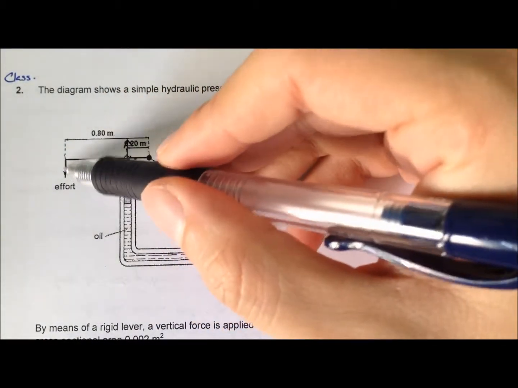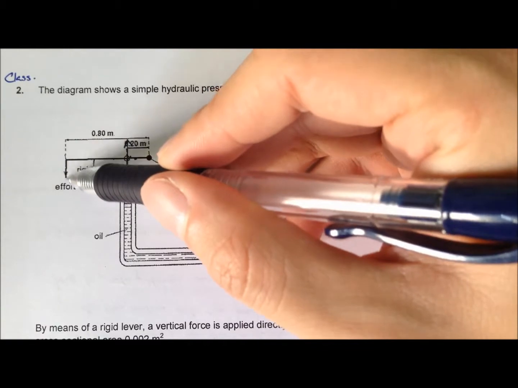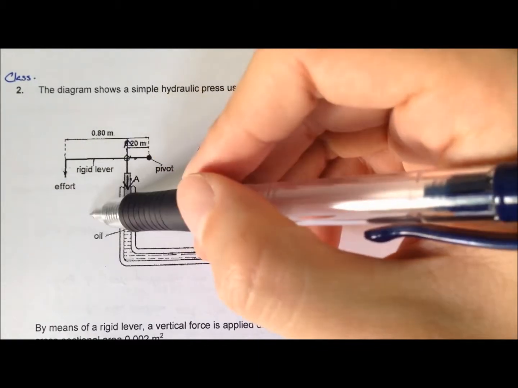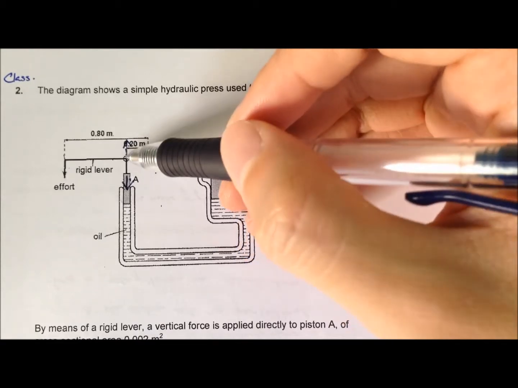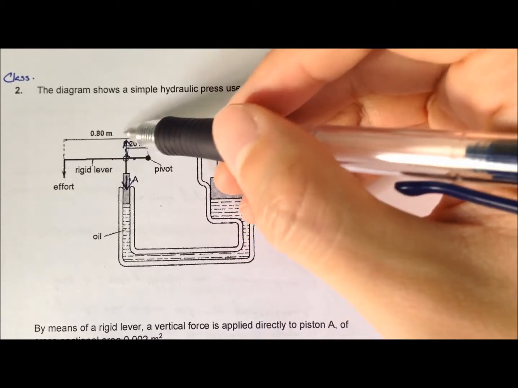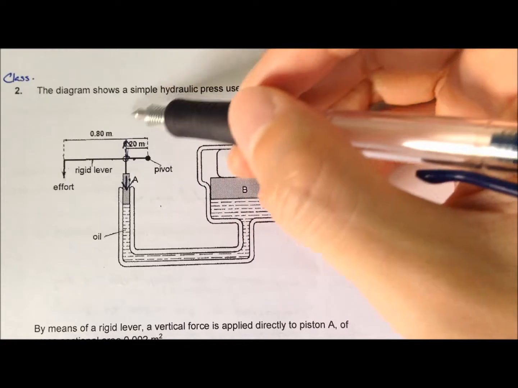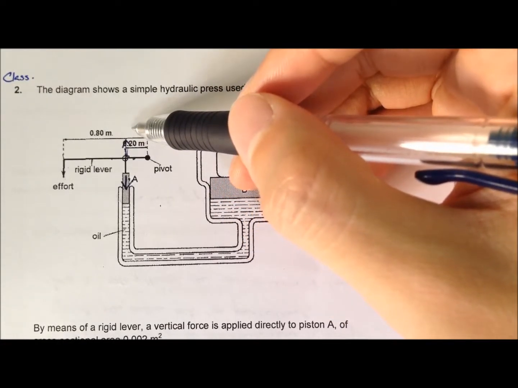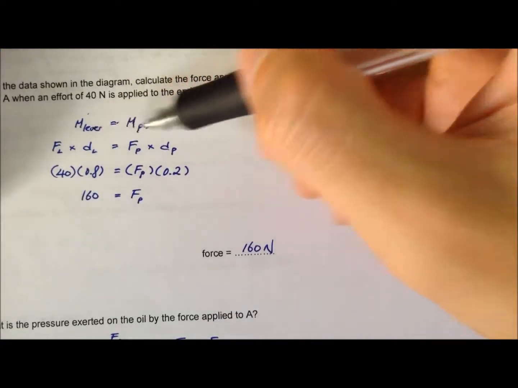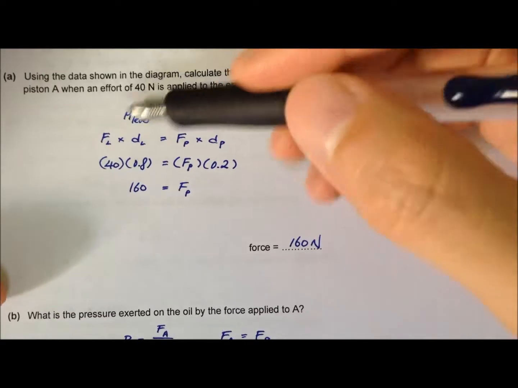So therefore the force on the lever, this one, will be clockwise, and the force from the piston on the lever will be going up, which will give you a turning moment, a clockwise moment. Okay, so therefore you can use this expression.